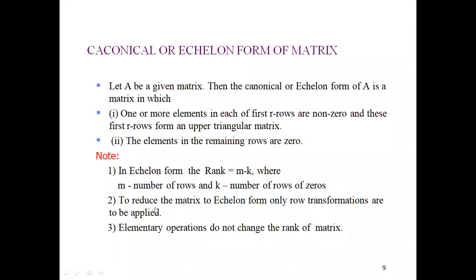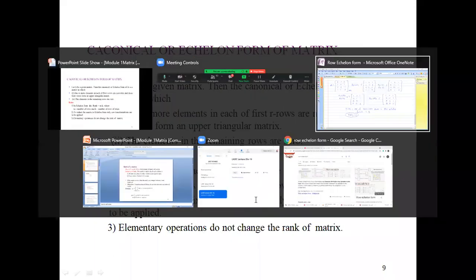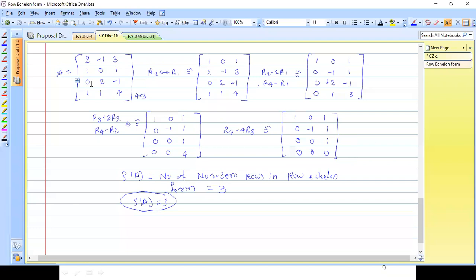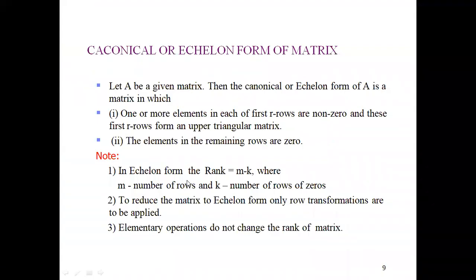And we repeat one more time: elementary operations do not change the rank of the matrix. Whatever rank I get here, the rank of the original matrix is the same. There is no change in the rank. Clean and clear?